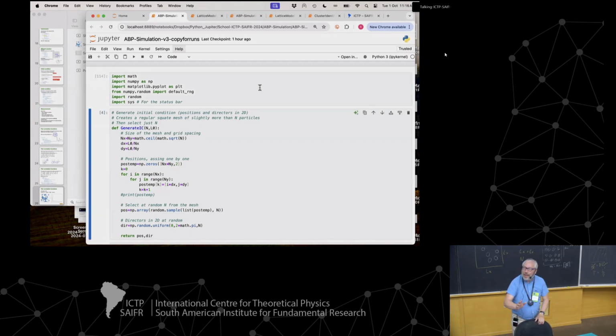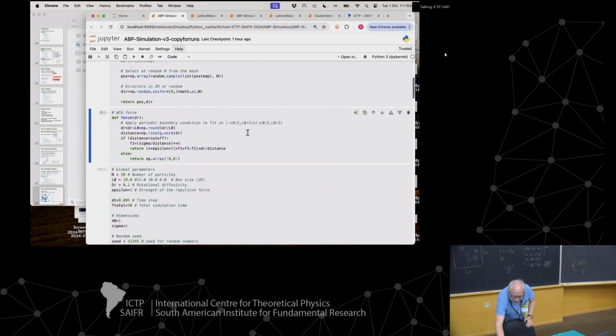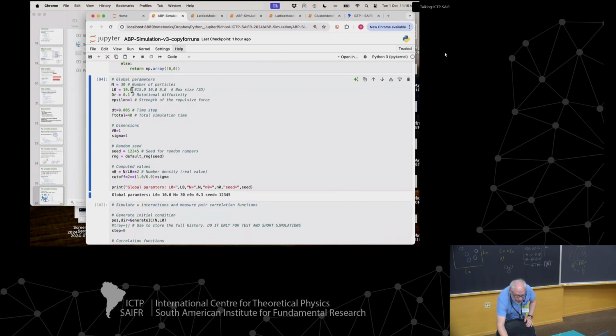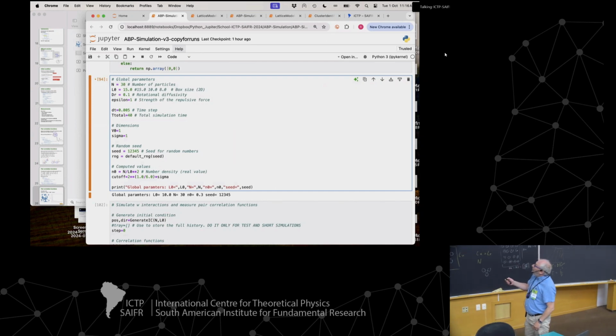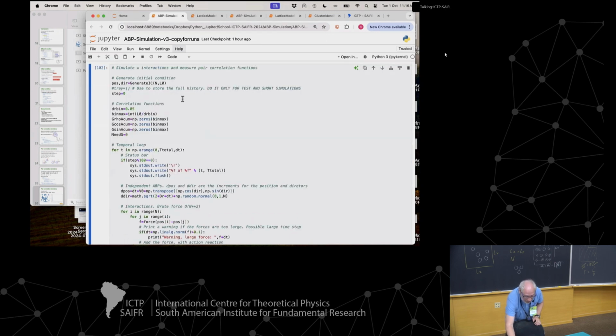So this is my dirty code. This is the initial condition routine. This is the force, okay. And I'm going to put the system in a big box. So I'm putting just 30 particles in a box of 15. I'm going to put fewer particles, indeed, because I wanted to do it fast. And I run the simulation.